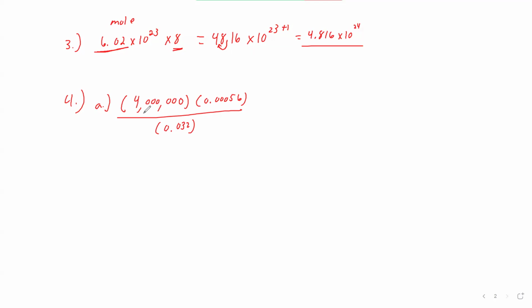Did they give you a number, E, then a number? Now divide that by 0.032.